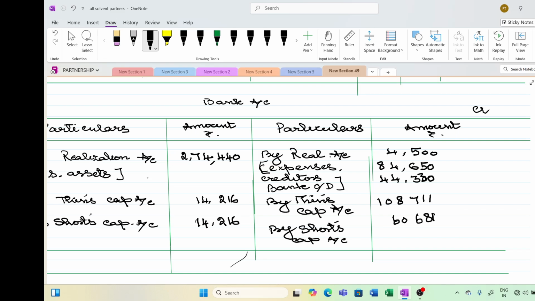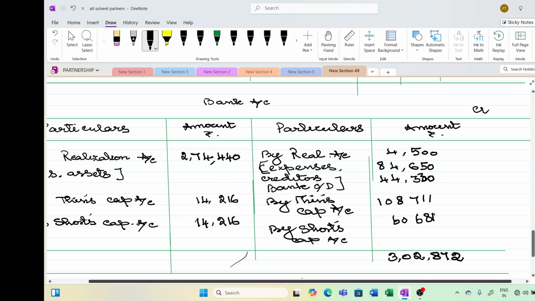The total comes to 3,02,872. If your total matches, your sum is right. 2,74,440 plus 14,216 plus 14,216 is 302,872. Complete. The problem is solved.